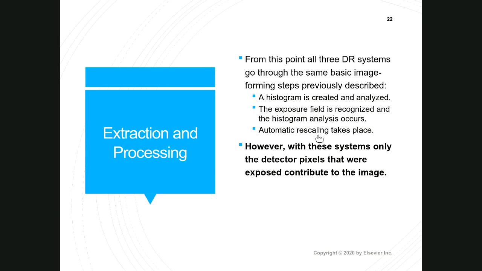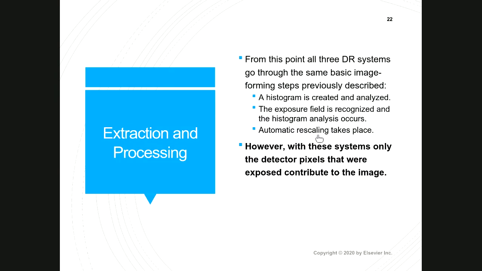But realize it says that with the DR systems, only the detector pixels that were exposed contribute to the image. Now, why is that significant? Because only the ones that get exposed contribute to the image, which means it's very important, probably more so, that we collimate and only expose to include the area of interest, not the unnecessary area, because those pixels that get exposed contribute to the image.